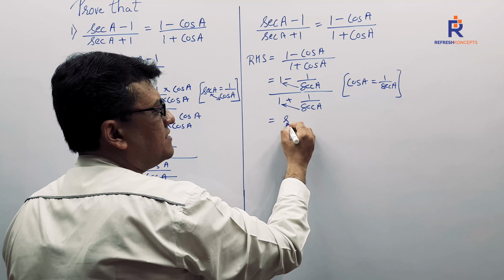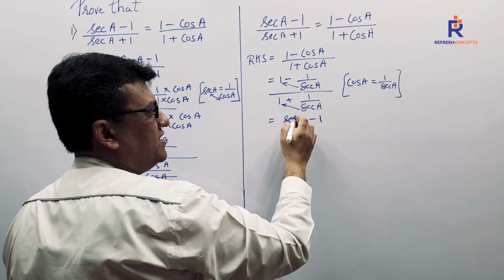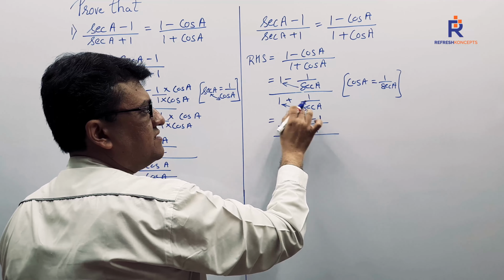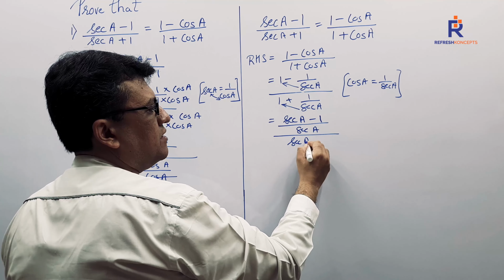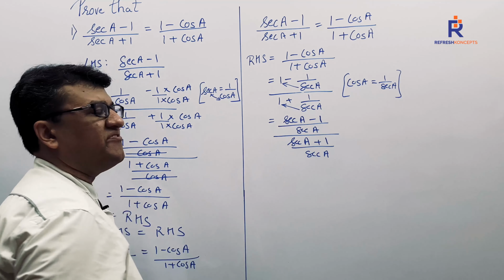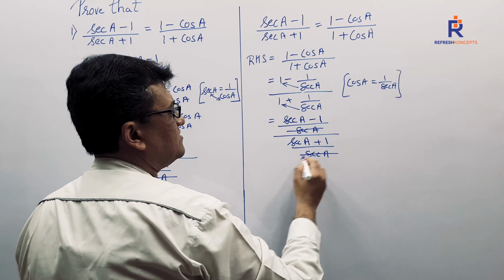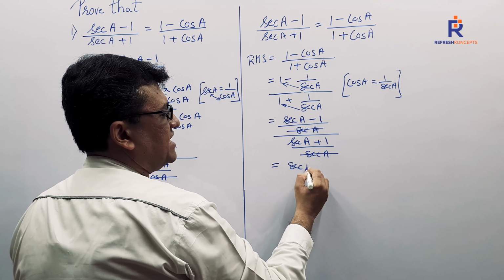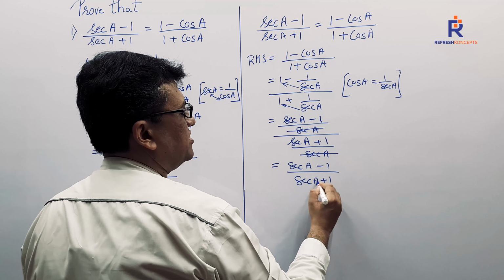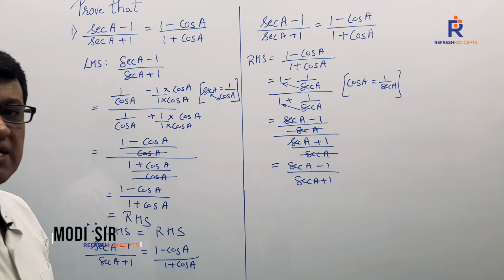Sec A minus 1, the whole by sec A; likewise sec A plus 1 by sec A. Has it taken the form of A by B, the whole by C by D? Indeed, sec A gets cancelled off and I'm left with sec A minus 1 upon sec A plus 1, children. Just check your LHS. Indeed, your LHS is the same.